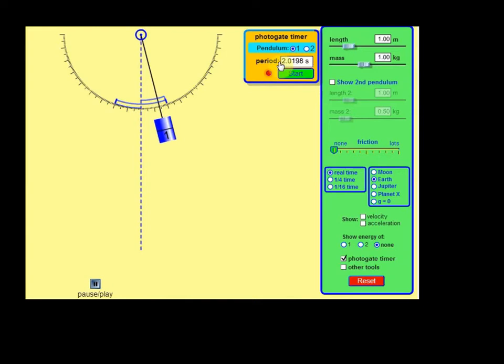So that's the period of this pendulum whenever it is at 20 degrees. Just like with an oscillating spring, the pendulum has different things that affect its oscillation, that affect its period. We see that it was a little over 2 seconds at 20 degrees.